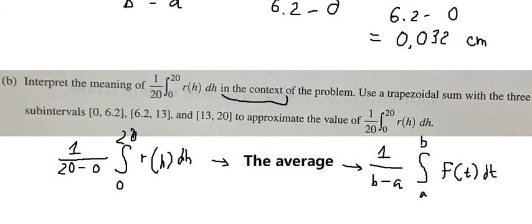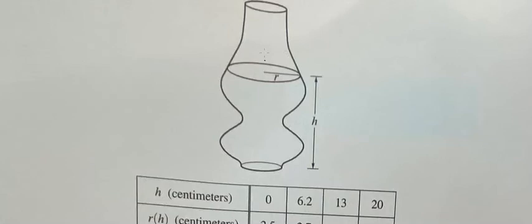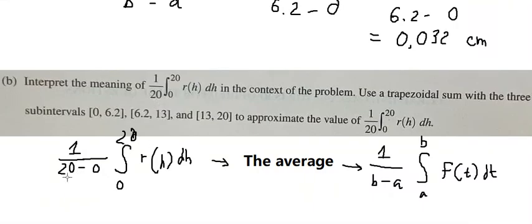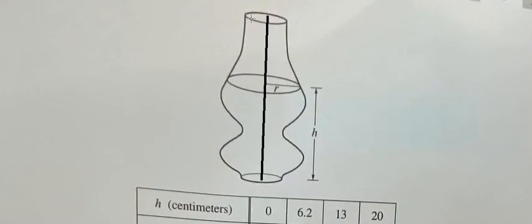So in this context, they want to find the average of this. They want to find the area, then divide by 20, from 0 to 20. So they just find the average value.